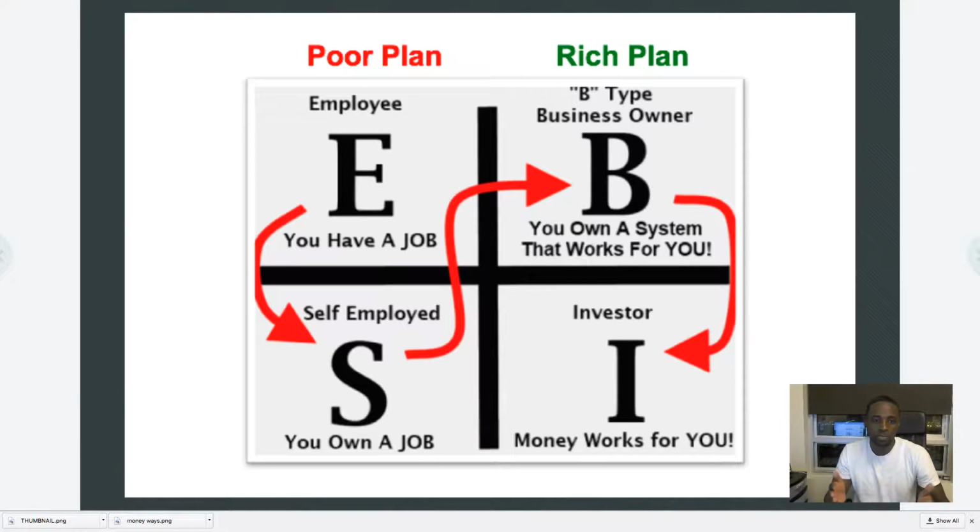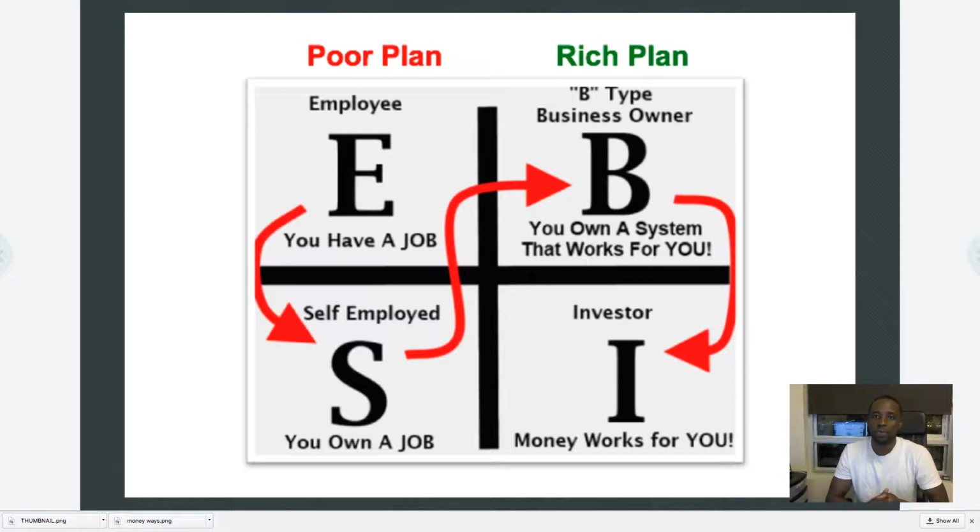You don't have any systems in place. You are the business. So basically what you did was you became an employee of your own. You bought a job, and now your job basically runs you, or your business runs you. Kind of like the boss runs you in the E quadrant.